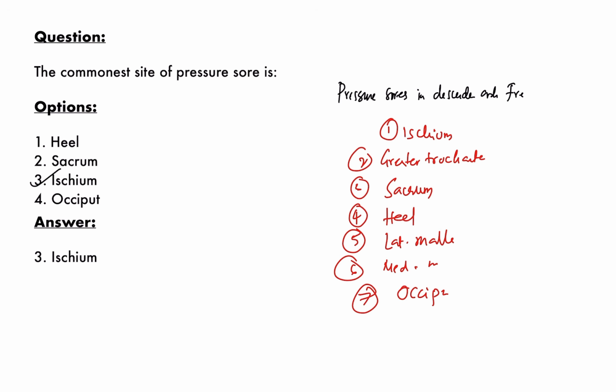Next year they might ask the same question as a sequential order question. This year in the UPSC CMS exam they haven't asked any sequential order question, but previously they have. So the most common location is ischium, so ischium is the right answer.